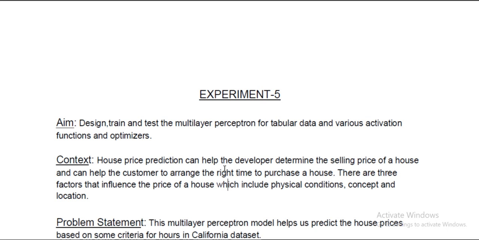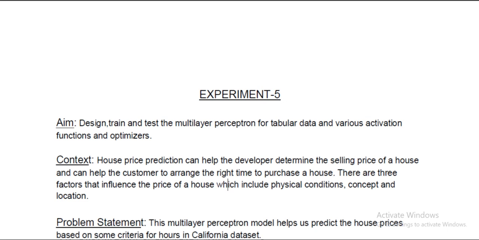There are three factors that influence the price of a house. You can use your concepts of machine learning for this, and you can see what are the highly correlated factors. To ease you out, I am giving these three factors that are influencing it, which are physical condition, concept and location. You can even cross verify this.